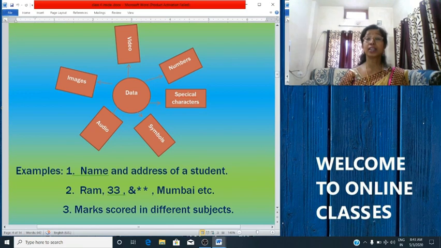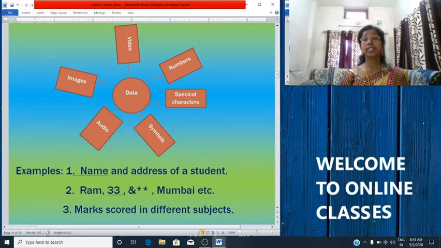Now, let's see how we will enter this data into the computer. Which input device we will be using. For entering text, numbers, and special characters, we will be using the keyboard to enter into the computer. Image, to enter an image to the computer, we use a scanner.